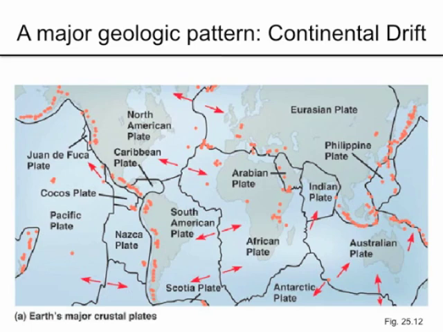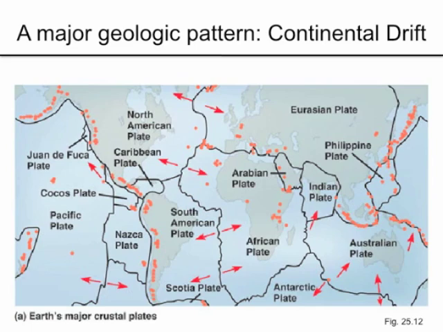Things like Mount Everest fall right at the juncture of the Indian plate and the Eurasian plate. That's where Nepal is, where you get those large, large mountains as India squishes into Eurasia. You'll probably notice that everywhere you see a plate junction is a location where there are either volcanoes, volcanic islands, earthquakes, or mountain ranges, which is, I think, pretty cool. That can just kind of tell you where a lot of these things are.